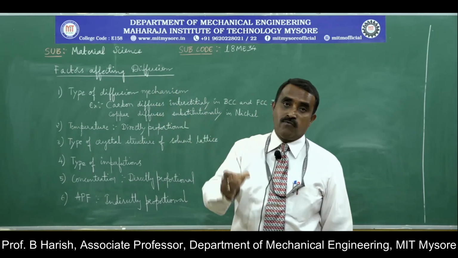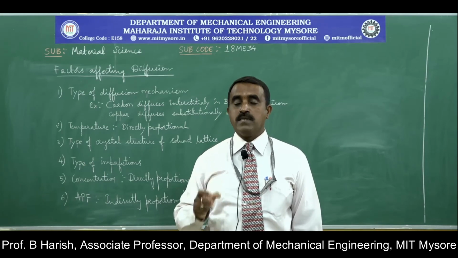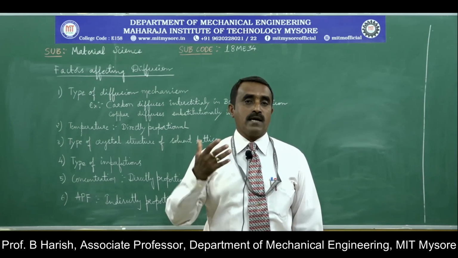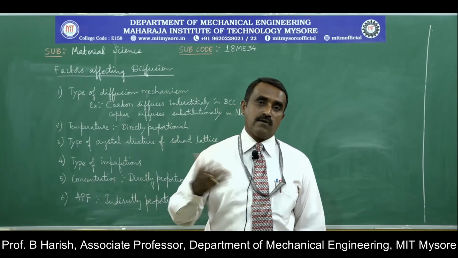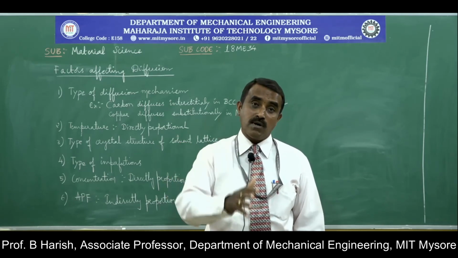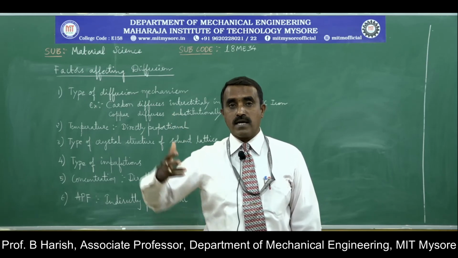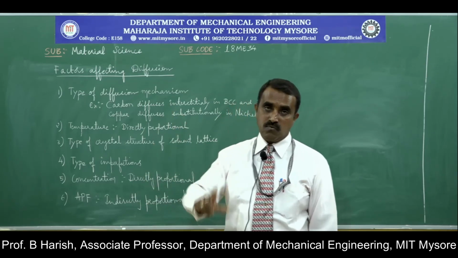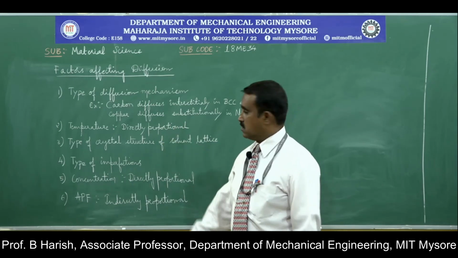If you study the BCC crystal structure, what is the rate of diffusion? If you study the FCC crystal structure, what is the rate of diffusion? It varies from crystal structure to crystal structure, because the arrangement of atoms is different in each type. That is one more factor.